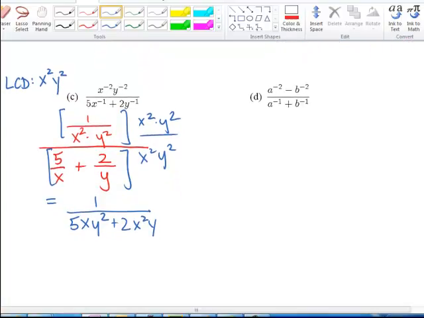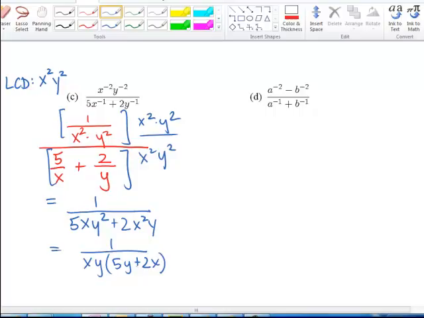And again, factor as much as you can. We can't really reduce this, but we could still say, well, we could factor out an xy from the denominator if we wanted to. Either of these answers is fine. The only reason to factor in the last step is just to make sure you can't reduce. But with a 1 in the numerator, you're not going to be able to reduce anything.